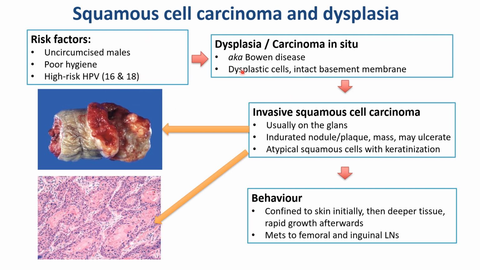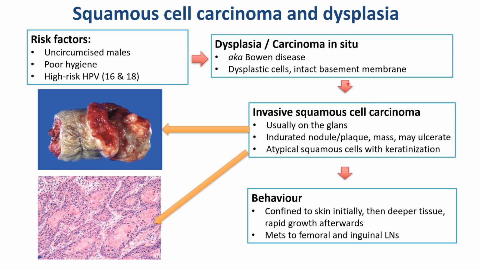So this will lead to the presence of dysplasia, which can progress to carcinoma in situ, in which the dysplasia involves the full thickness of the squamous epithelium. However, the basement membrane remains intact. Another term that is often used for carcinoma in situ in the penis is Bowen disease.